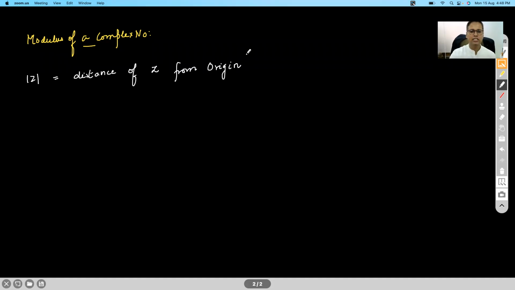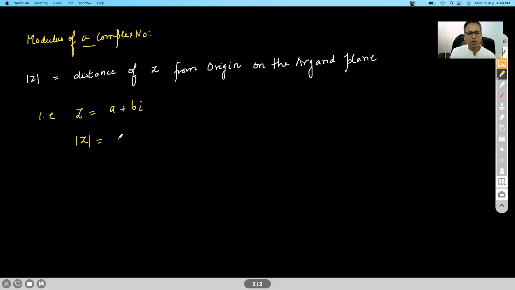It represents its distance from the origin on the Argand plane. And what was the working formula for that? So if your complex number is a plus bi, the modulus of that complex number was under root of a square plus b square. Okay, this is what we had done in the last class.